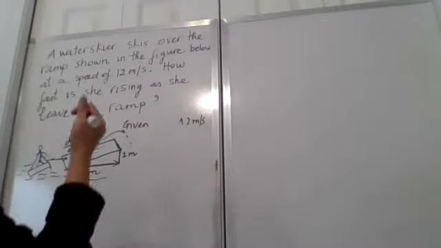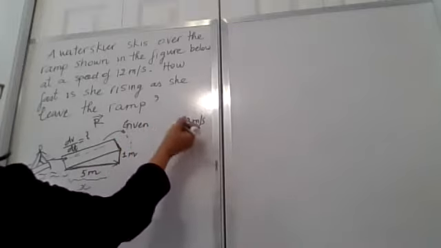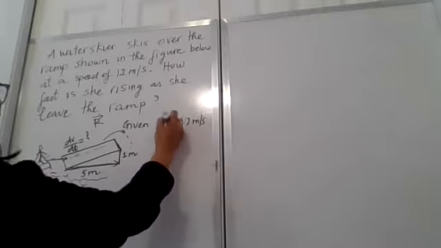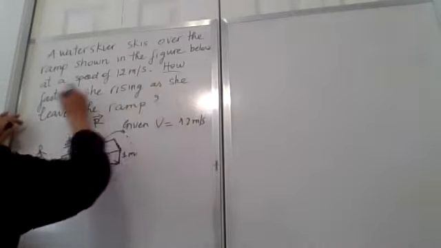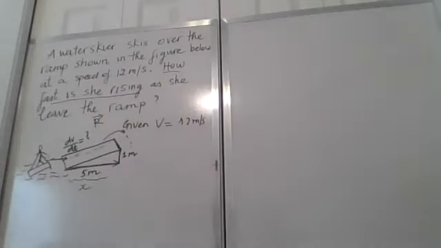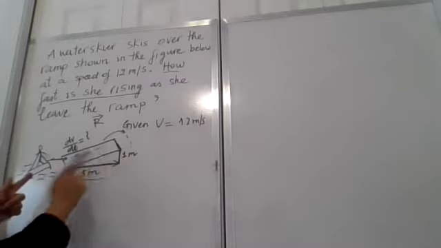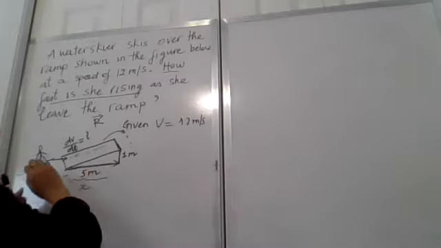So why do they give her velocity equal to 12 meters per second, and why are they still asking how fast is she rising? Let me explain the scenario. Remember, this is related to physics a little bit.